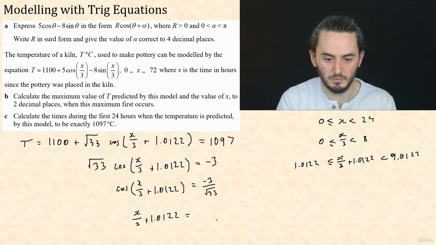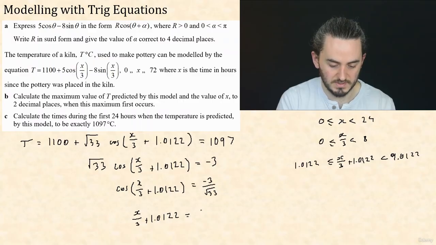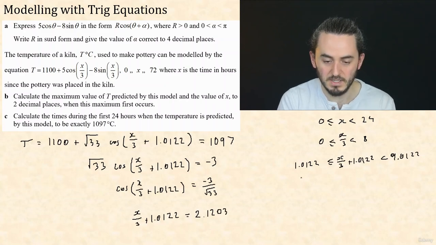So this just gives me a useful target for what the stuff is over here. If I do inverse cos of minus 3 over root 33, I get 2.1203. That's nicely inside the range.